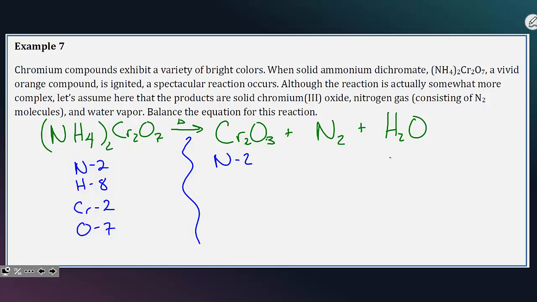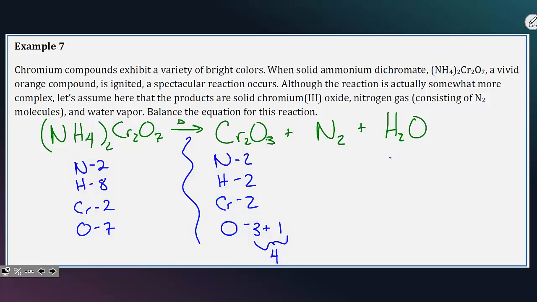We end up with 2 nitrogens, 2 hydrogens, 2 chromiums, and 3 plus 1, or 4 oxygens. Obviously, this reaction is unbalanced, so we can go ahead and start balancing it.